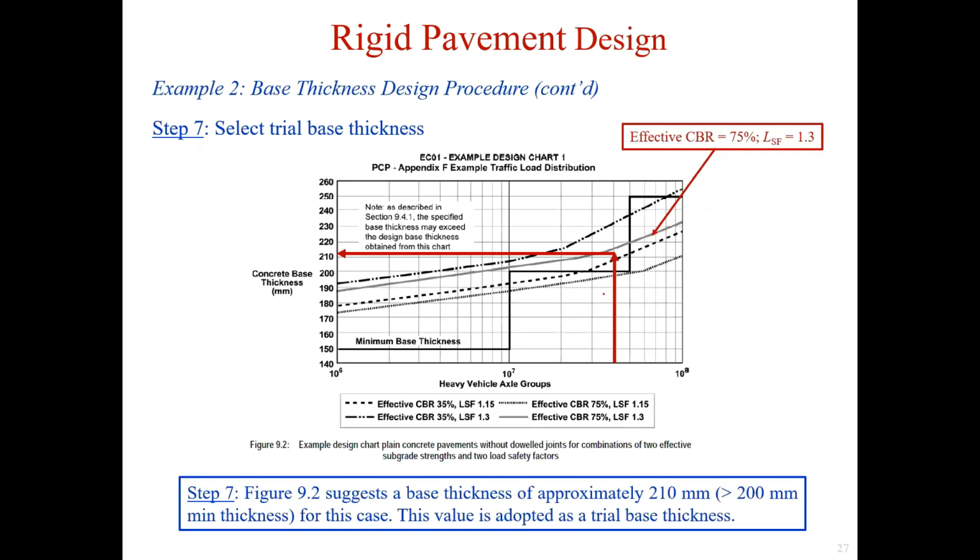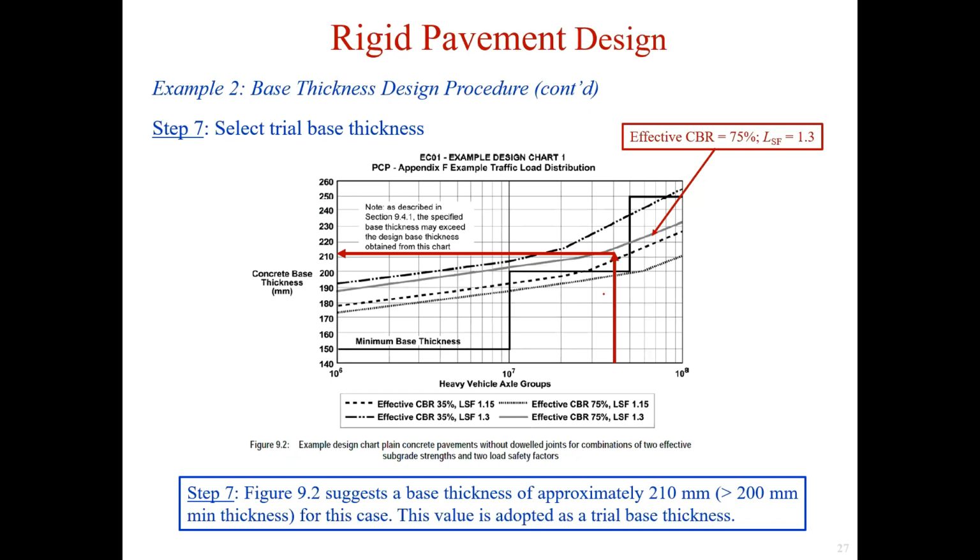We have another way to determine the base thickness. Figure 9.2 is the design chart for concrete base thickness. The chart allows designers to compare and design base thickness for different traffic volumes, effective subgrade strength, and safety factors.